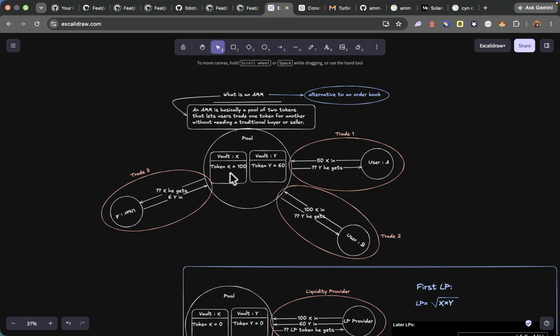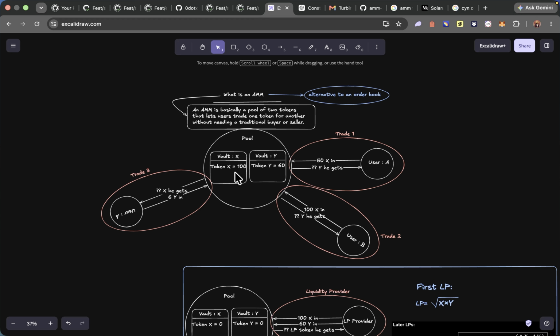This is the simple diagram which shows this is our pool, and this pool has two vaults. Basically every pool has two vaults in it, vault X and vault Y. As we already discussed, the pool consists of two tokens. The trading is done between two tokens.